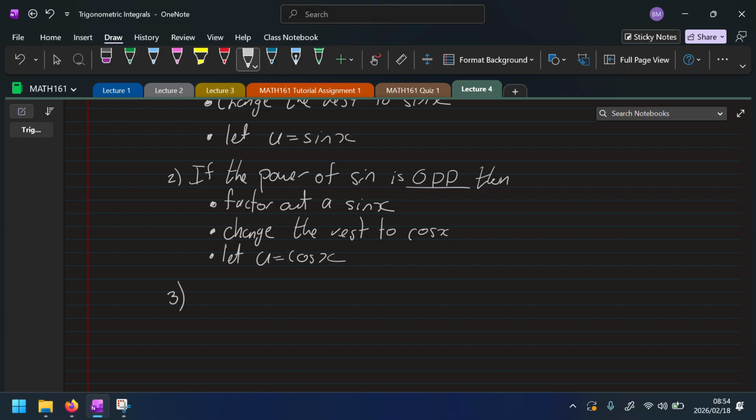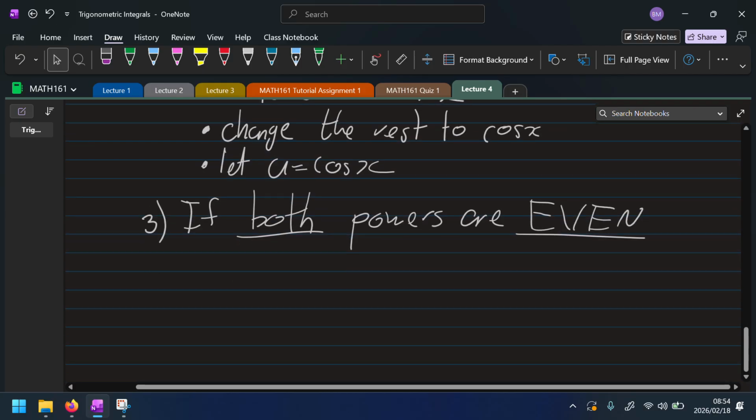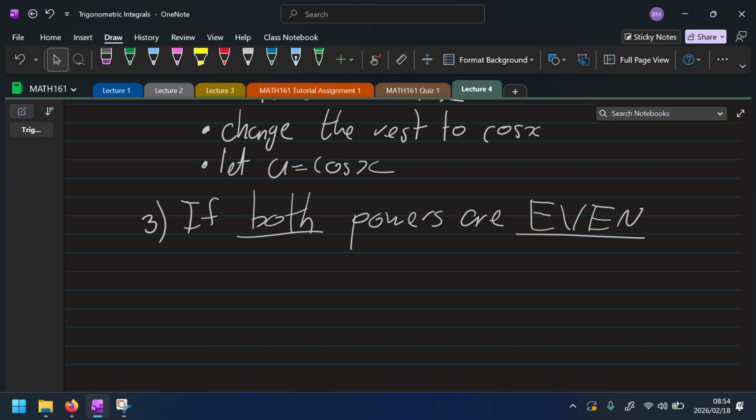Okay, and then number 3, if both powers are even. So if both are even, we can use two trig identities to rewrite them.